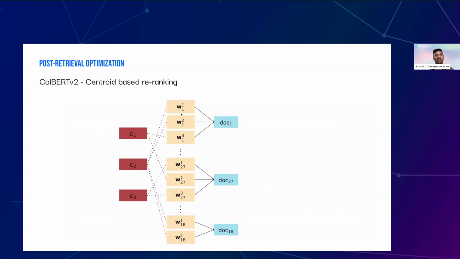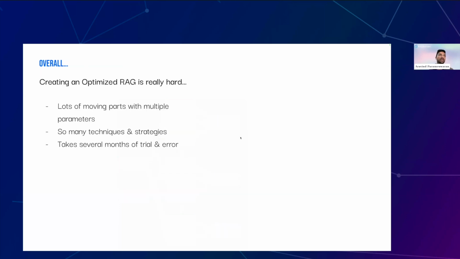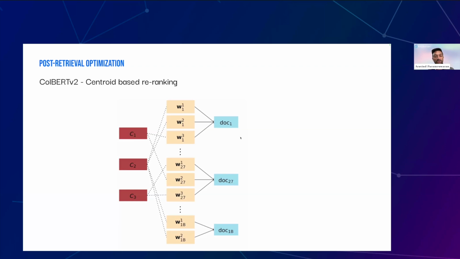Because you have the semantically rich information at token level, you can do clustering on top of those token level embeddings and create some centroids, and then basically do a first pass match against those centroids to figure out what tokens are the closest, and then from the tokens you get to the documents, which results in a much better and more efficient approach, right? So that's Colbert.